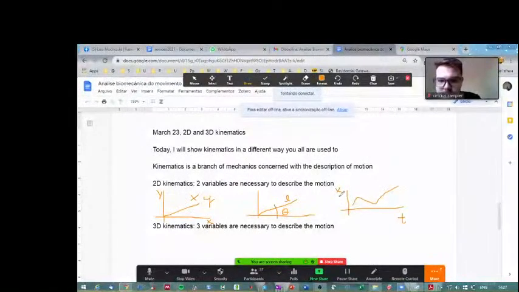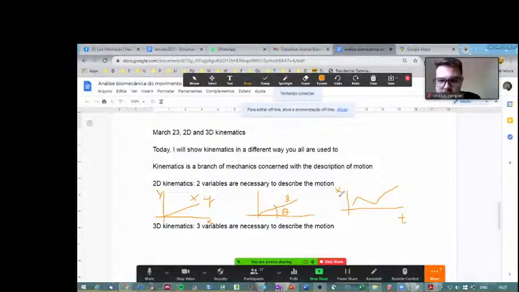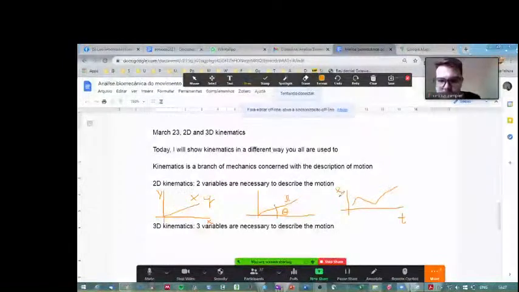So to transform a reference system to another reference system, we need the equations to associate one set of variables to another.